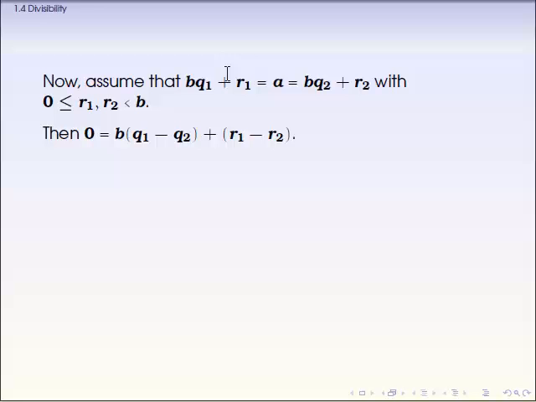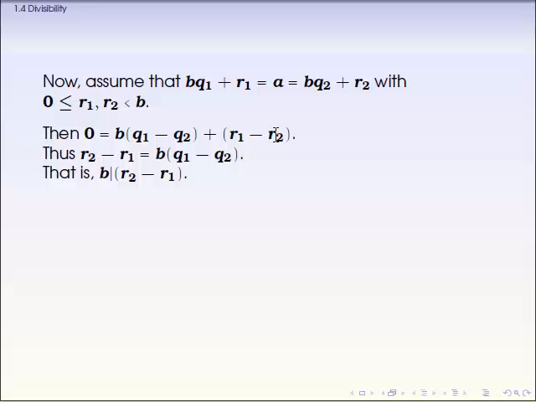So with this assumption, by rearranging, we can subtract one from the other. Because we assume they are equal, the result must be 0, and the arrangement gives us b times q1 minus q2 plus r1 minus r2. So it should be 0.